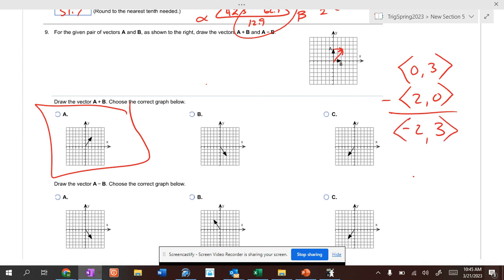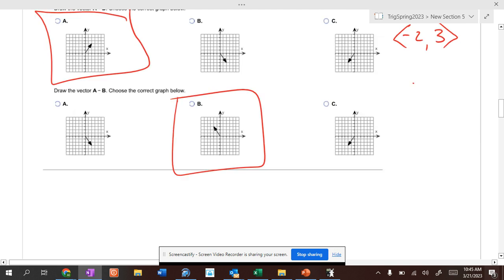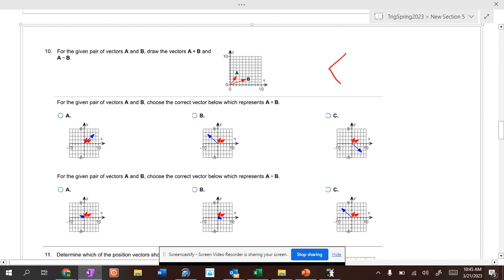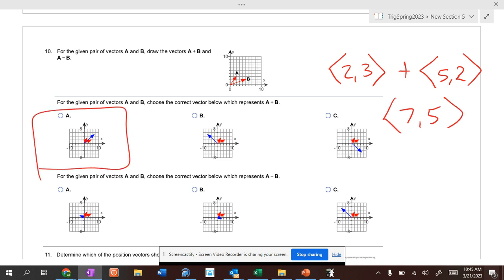We should be at negative 2, 3. Okay. A here is at 2, 3. B is at 5, 2. So if we add them, we get 7, 5. If we subtract them, we get negative 3, 1.